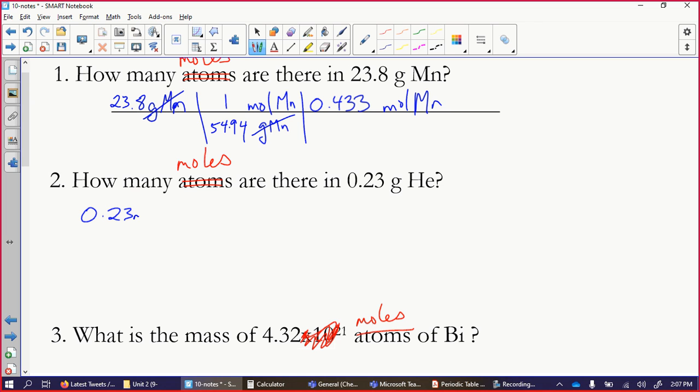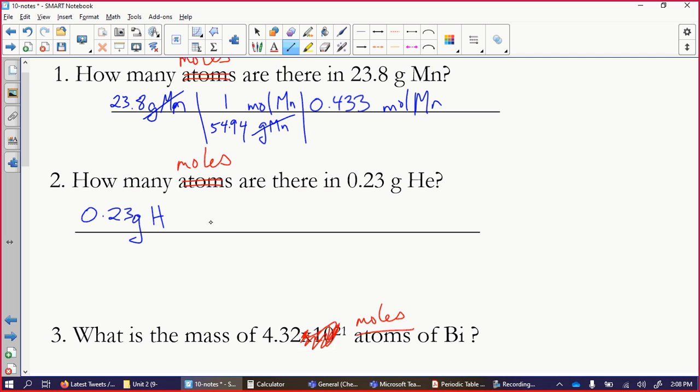0.23 grams of helium. Don't get helium balloons. We only have a limited amount of helium in the world. It generally comes from drilling for gas and oil. It's stuck in there.